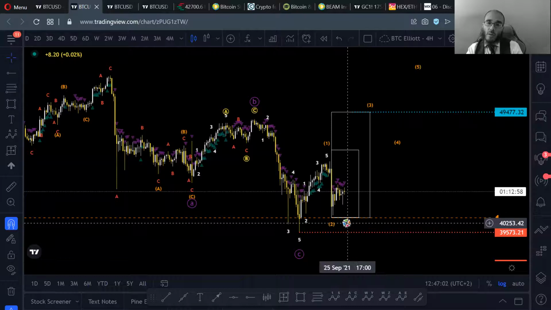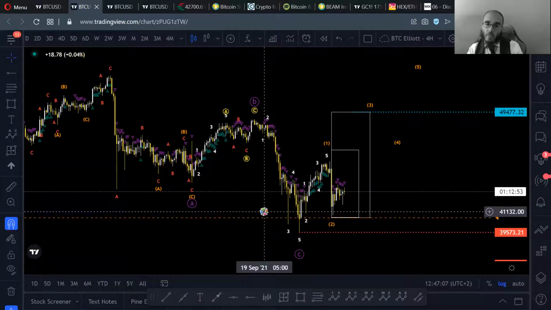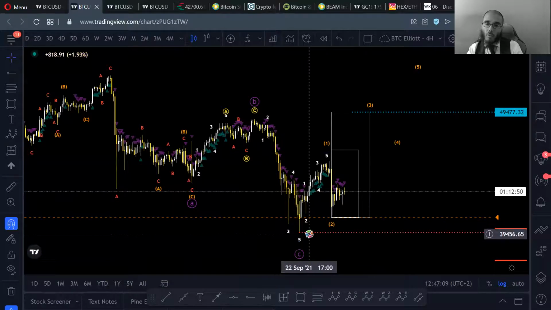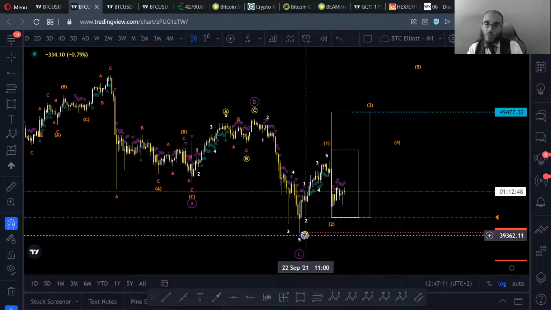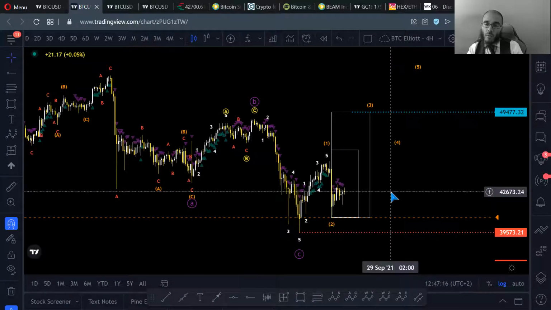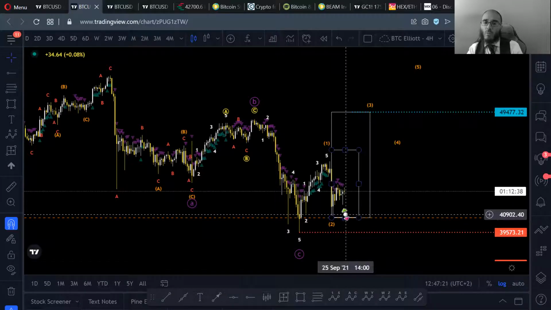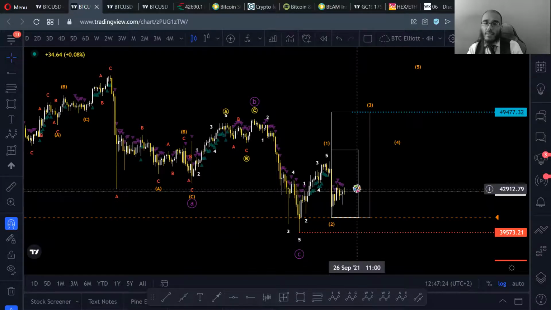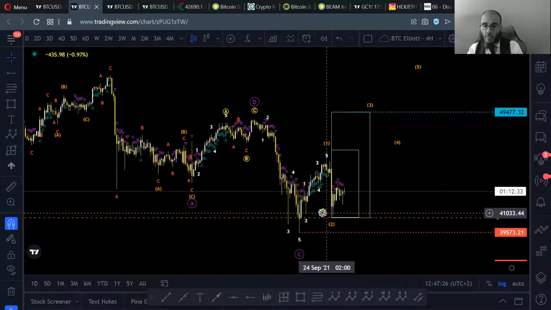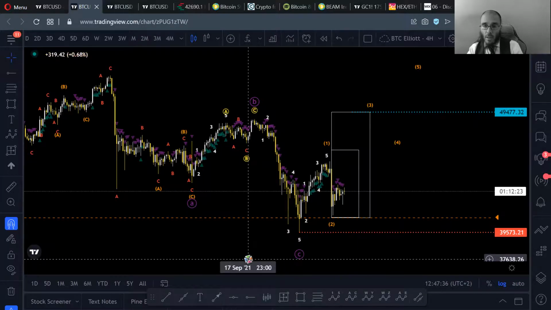When Fisher goes negative, it takes a couple of candles without a triangle, and then it gets positive. So I'm expecting maybe tomorrow we'll again have a bullish indication on Fisher. I'm looking forward to that.